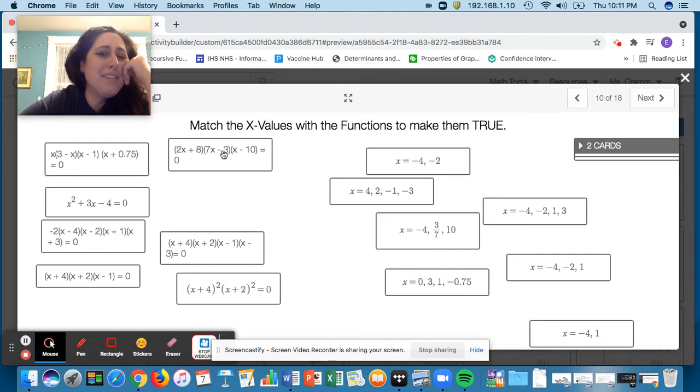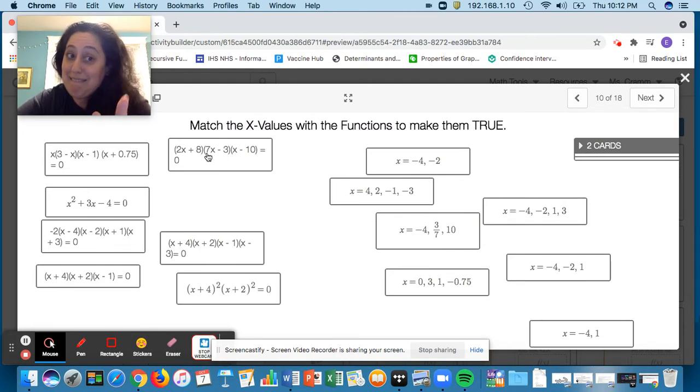Now this one looks tricky, so I'm just going to hold off. Here, a number minus 10. So I think that this is 10. 10 minus 10 is 0. So I'm looking for -4, positive 10, and something here. Can you tell whether it would be a positive or a negative number that we're looking for?